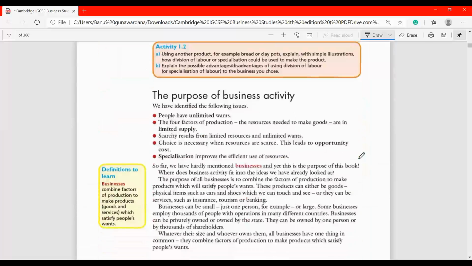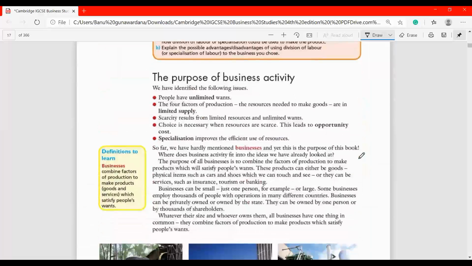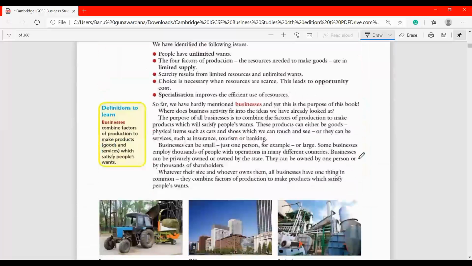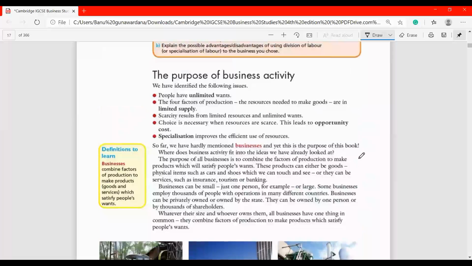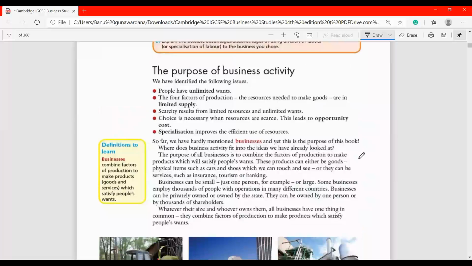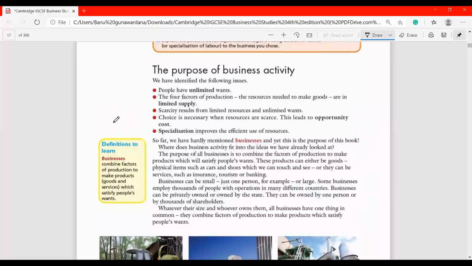Next, we have the purpose of business activity. What is the purpose of a business? Why do they exist? And what are businesses? Now, the term businesses you might have heard everywhere. Businesses combine factors of production to make products, goods, and services which satisfy people's wants.